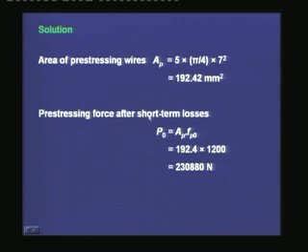The pre-stressing force after the short-term losses is equal to the area of the pre-stressing steel times the pre-stress, which is equal to 192.4 times 1200, and which gives me 230.88 kilonewtons. That means this is the initial pre-stress after the short-term losses.